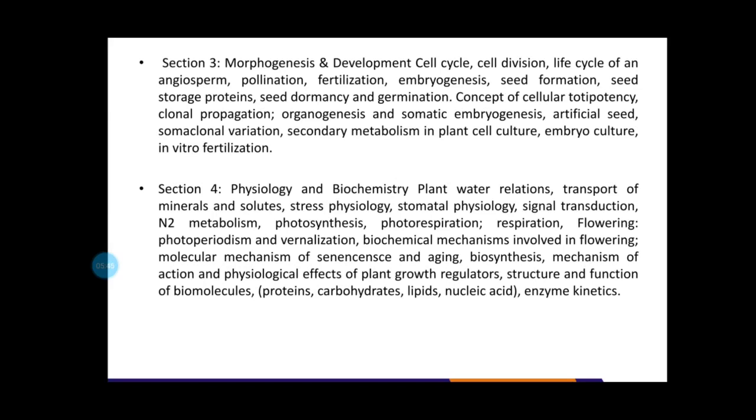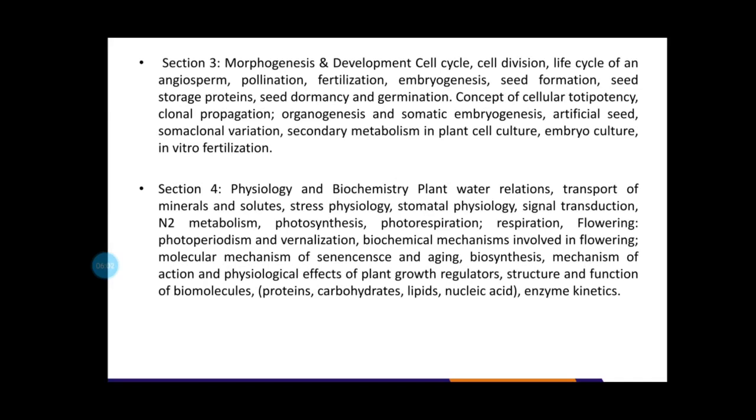And from section 4, which comprises the plant physiology and biochemistry portion, you will get 6 to 8 marks. Okay, so let's see what we have in section 4.